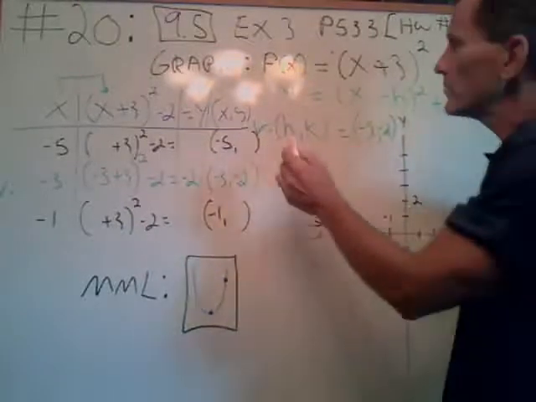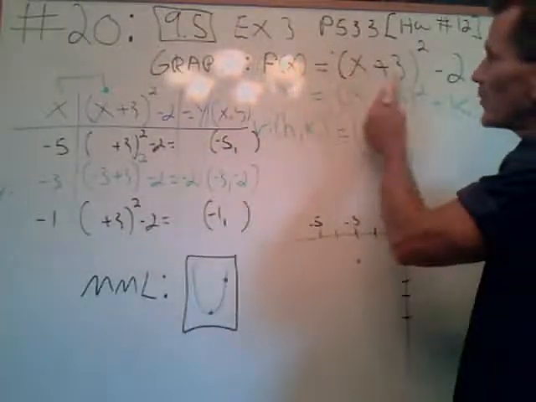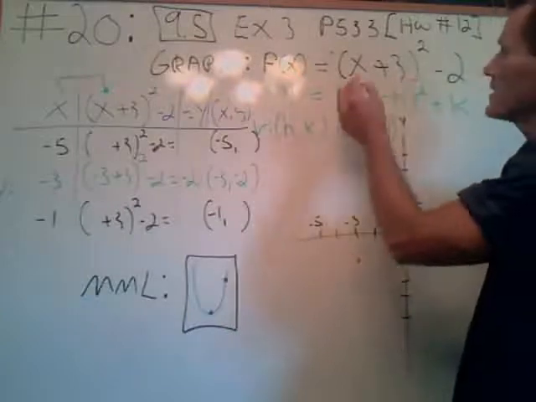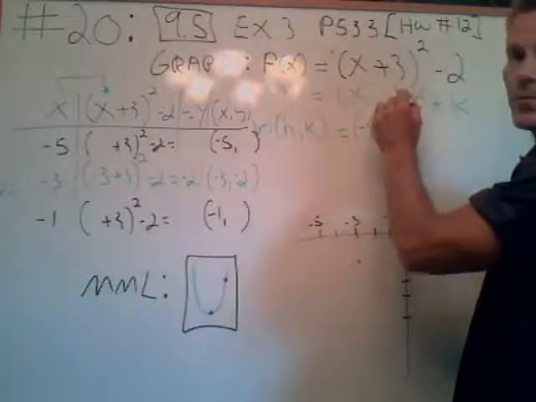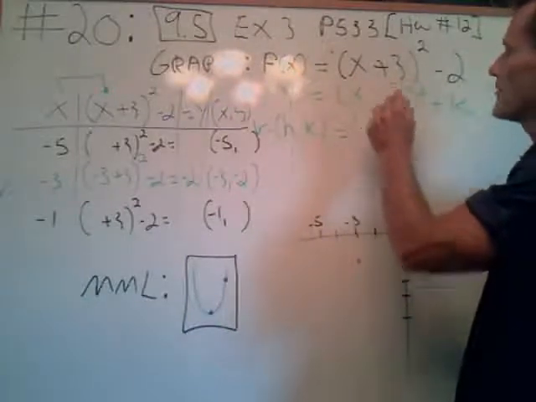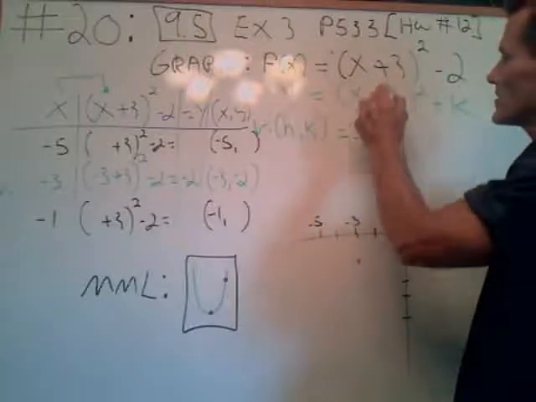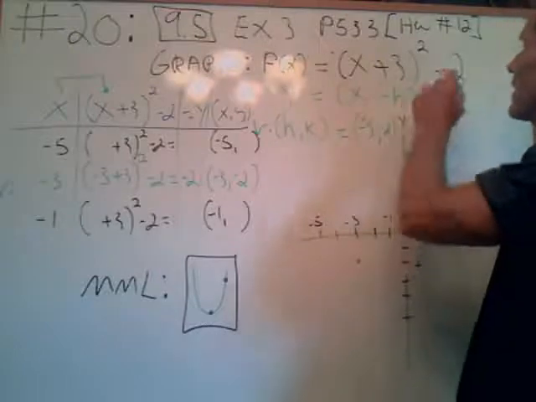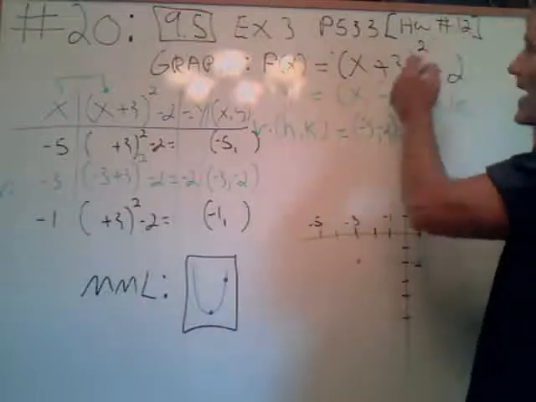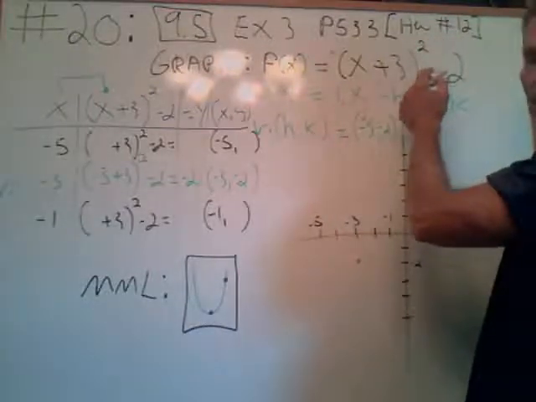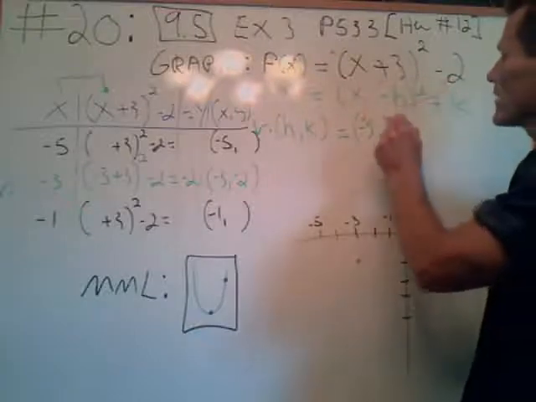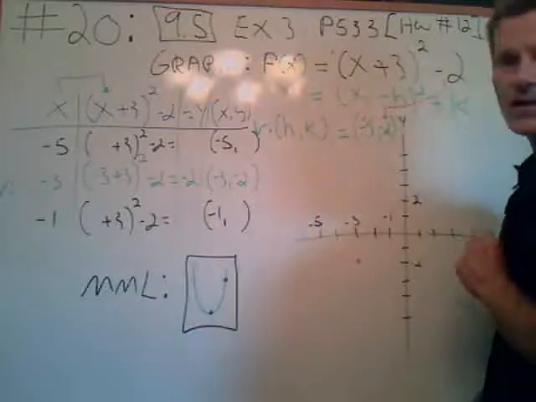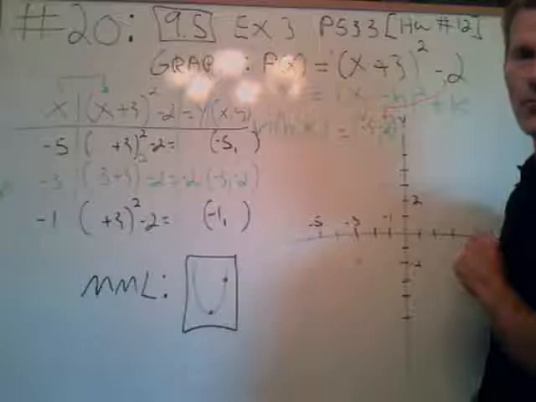All you have to do is remember that inside the parentheses is the horizontal distance, that h, and it's always the opposite sign. So if you see a 3, the vertex is going to be negative 3 on the x coordinate. Whatever the vertical movement is on the outside, that k constant, if it's a minus 2, you simply bring it down, and there's your vertex. So you're halfway there already.